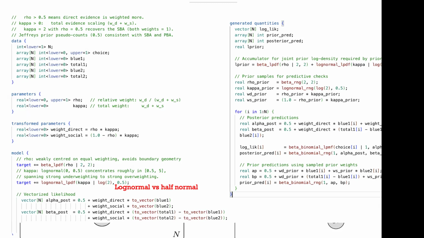Everybody likes the log normal because it has a long tail, meaning that if your kappa is going to be very high in the data, it's not going to complain. It's going to find a place for it in the tail. I tend to prefer, when I'm coding my own projects, a half normal. Not as much because it's a better prior per se, but because it breaks if I have a very high kappa in the data.